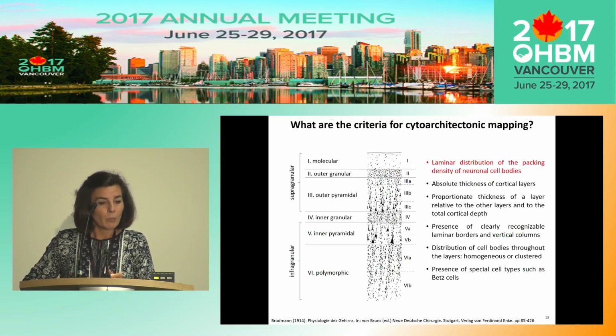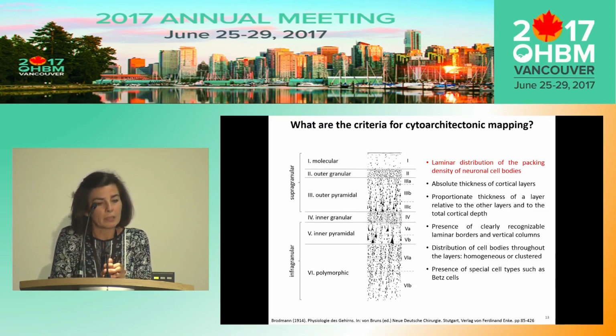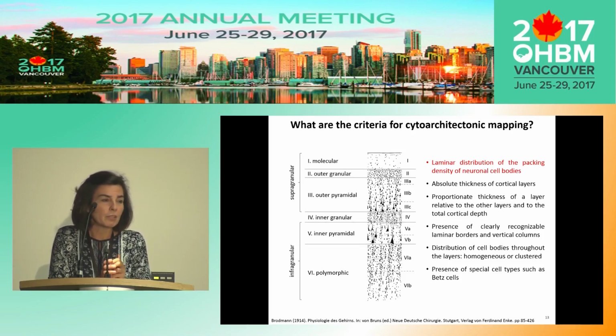So that's why modern approaches have tried to quantify cytoarchitectonic criteria. And the most important criterion which is used in cytoarchitectonic brain mapping is the laminar distribution of the cell bodies within a cortical area and the packing density of these cell bodies in the different layers.